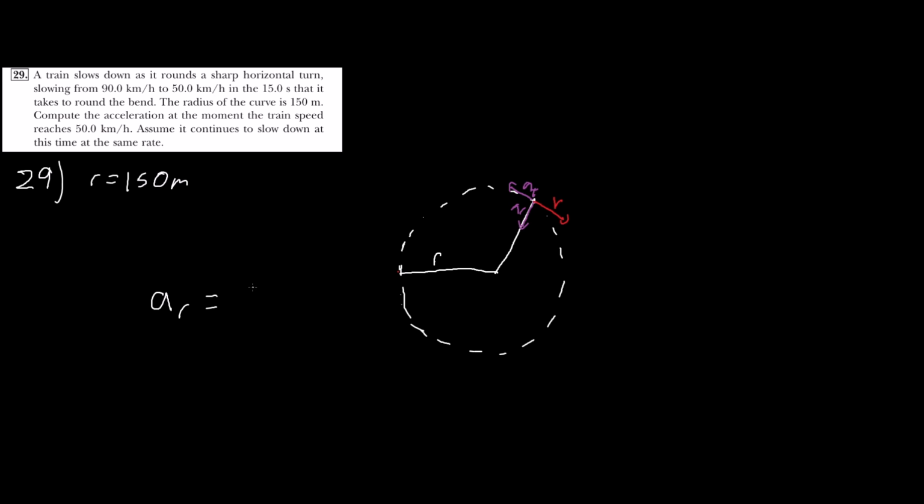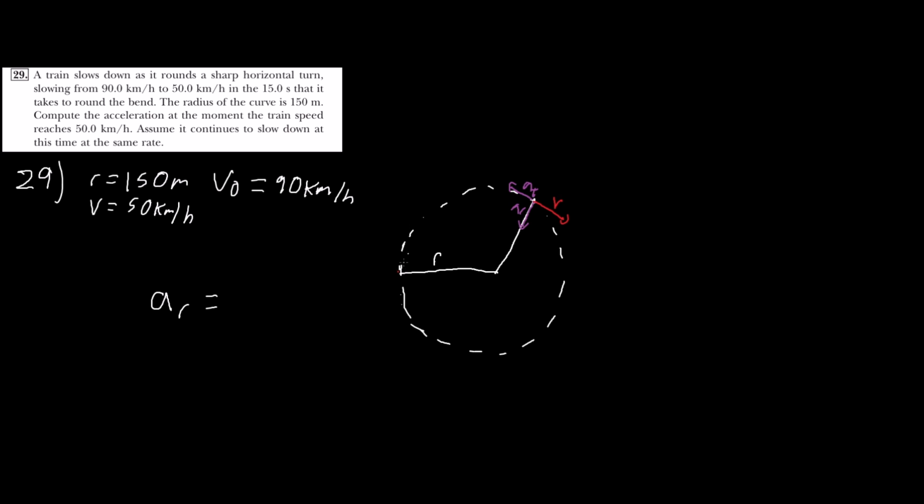So A radial is going to be the speed. Now, what speed? I'm going to define that to be the final speed when it reaches 50 kilometers per hour. So it's not change of speed, it's the final speed. I'm going to take the final speed as 50 kilometers per hour and the initial speed to be 90 kilometers per hour.